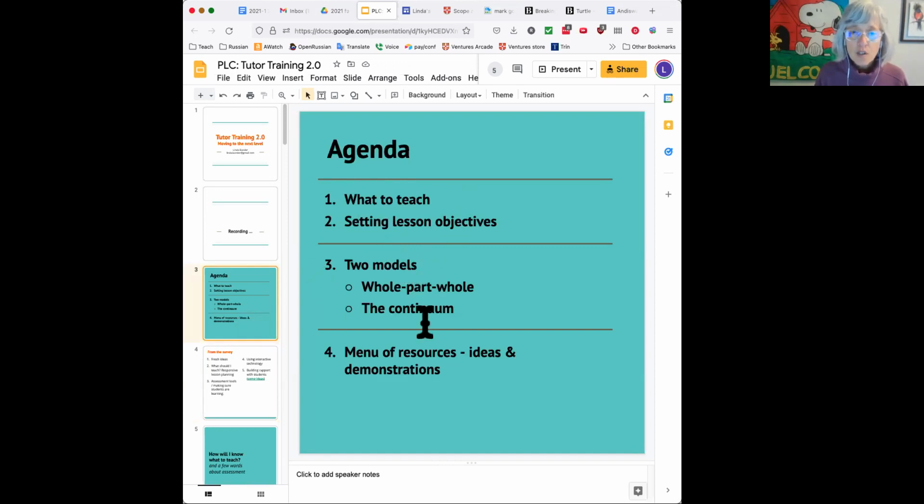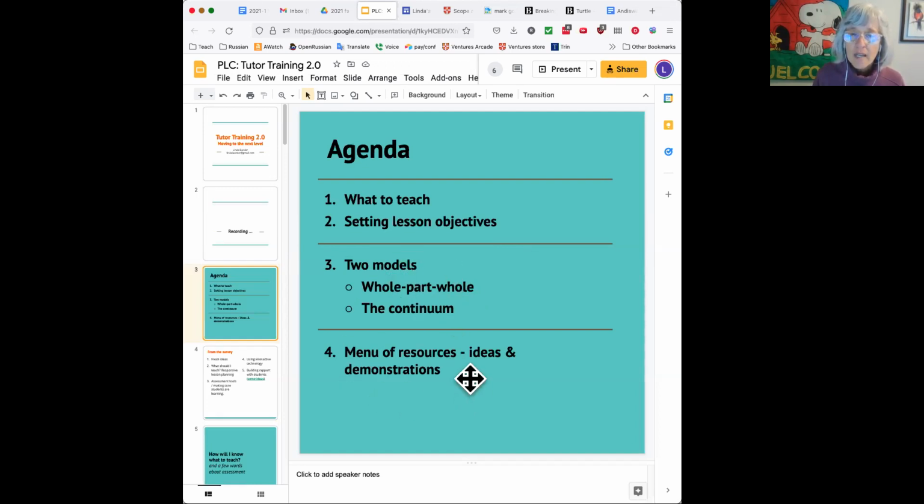We're going to spend most of our time in the middle section talking about 2 models. If you took the basic tutor training, you definitely heard about whole-part-whole. I can't remember whether they use the word continuum in the basic tutor training, but that should look familiar. This is where we'll spend a lot of time.